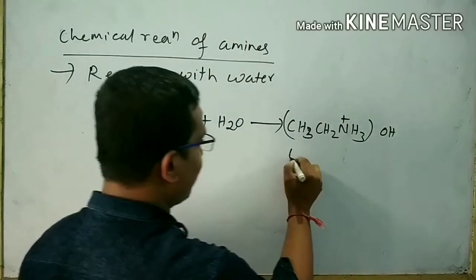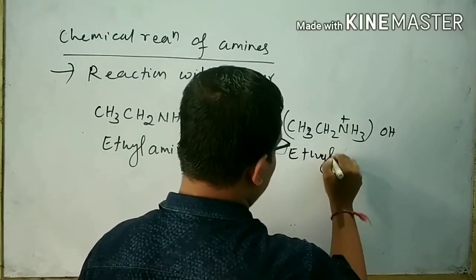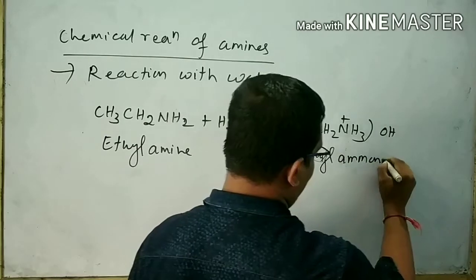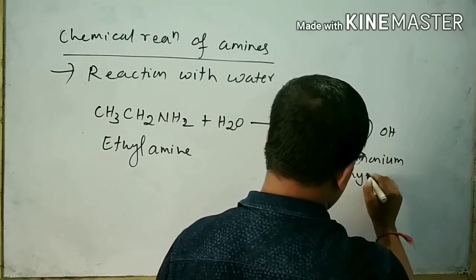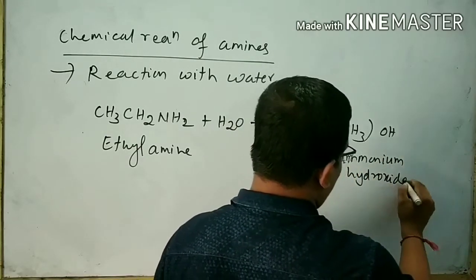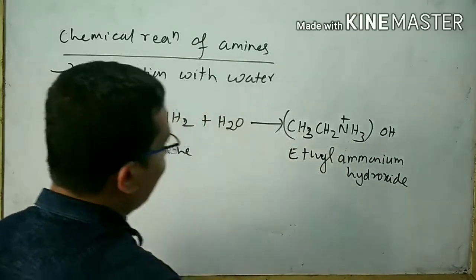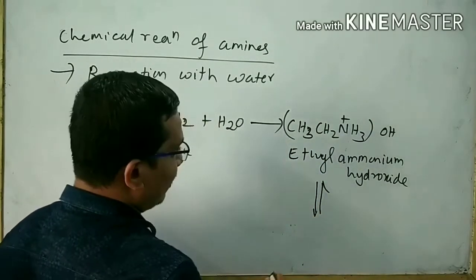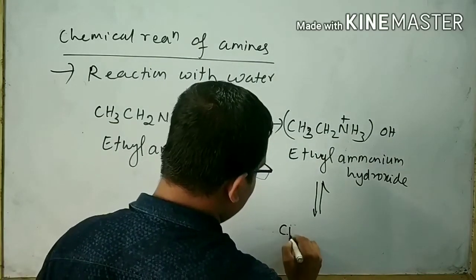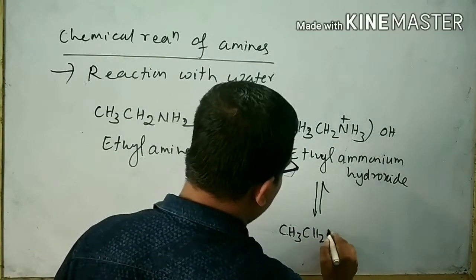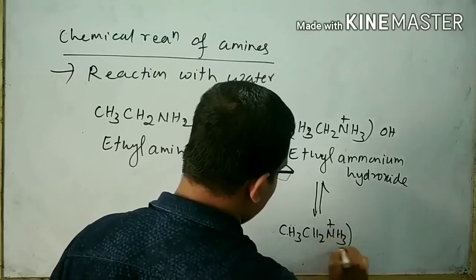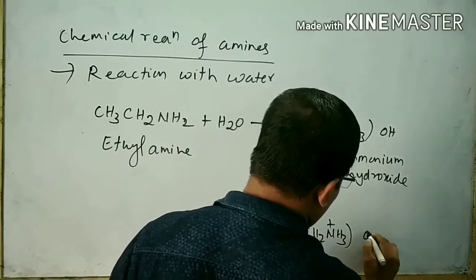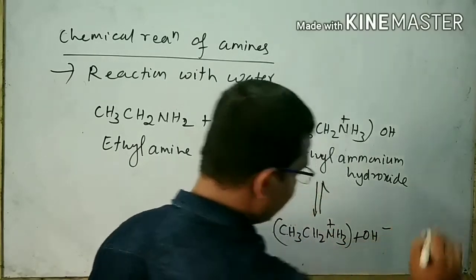The name of this compound is ethyl ammonium hydroxide, and again the ethyl ammonium hydroxide undergoes dissociation, giving the ethyl ammonium ion CH3CH2NH3+ and OH-.